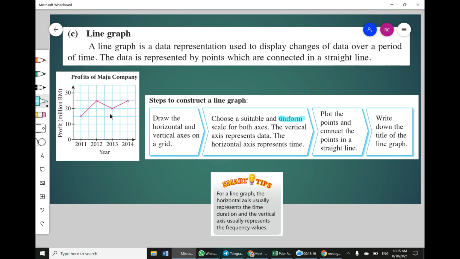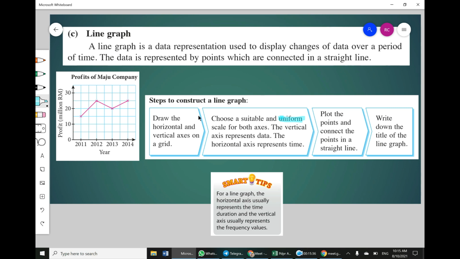So plot all the points given in the table later on. We are going to do that. After that, you just connect it using a ruler. So remember, all of this, you have to use pencil to do it. Okay, don't use pen to draw the line or anything. Just use pencil and make sure your pencil is sharp enough to plot the correct point.